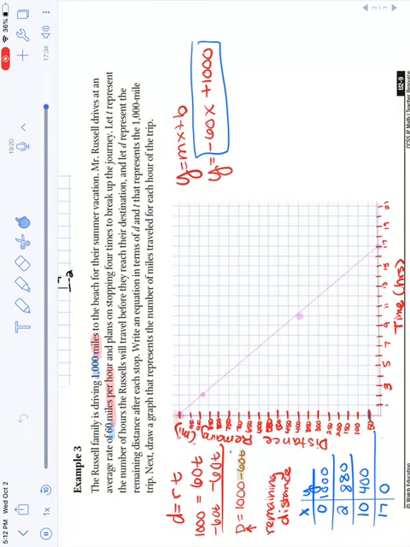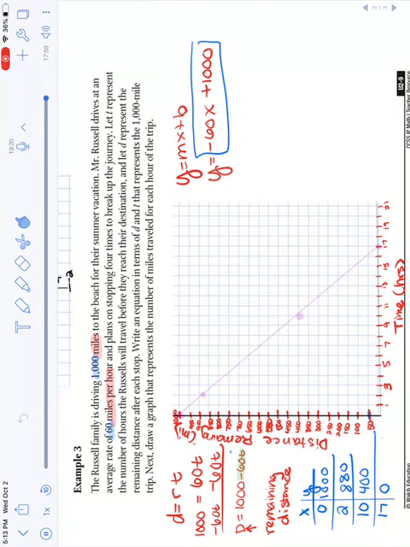So all the way up top is exactly 1,000. All right, I'm just going to kind of make the X and Y axis a little darker on this so we can kind of see what's happening. So I'm just going to highlight the bottom X axis and the vertical Y axis.